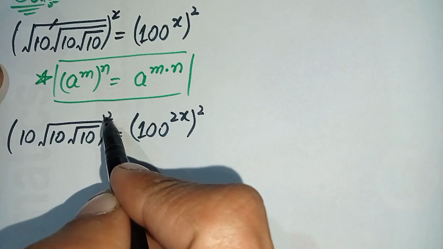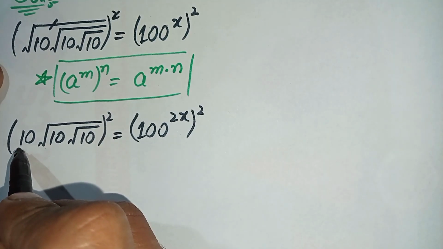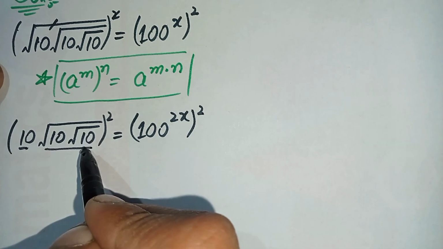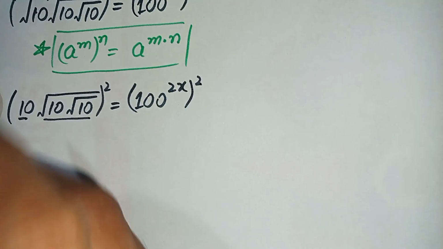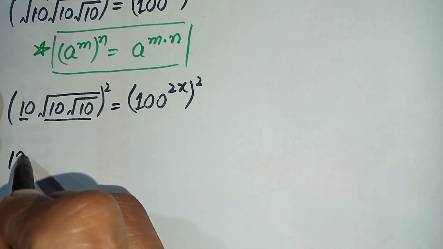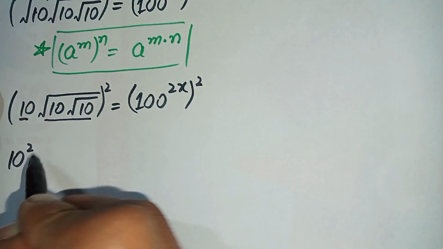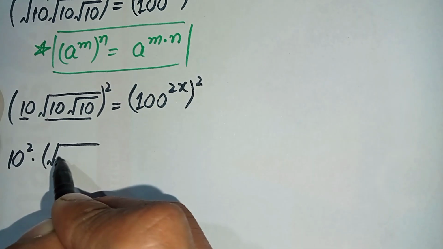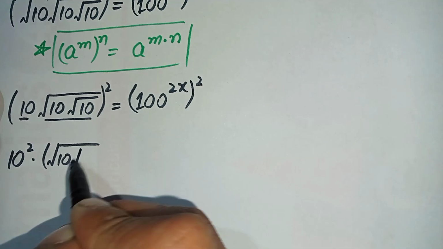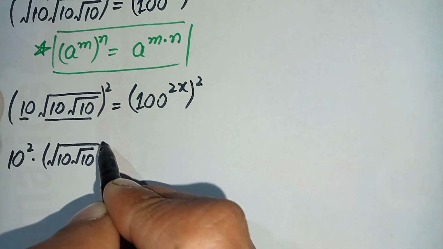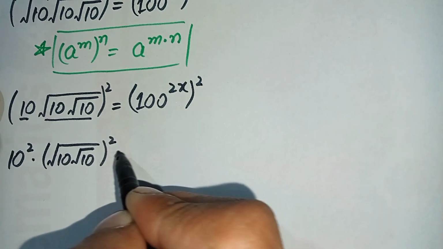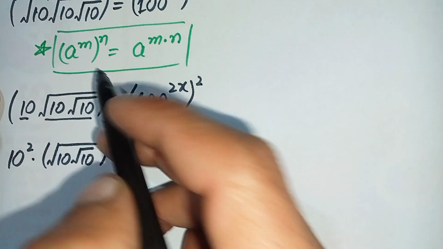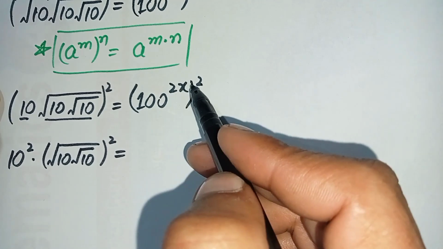So in the left hand side, this square will be applied on these two numbers, 10 and square root of 10 times square root of 10. So it will become 10 square times, and it will become square root of 10 times square root of 10 whole raised to power 2 is equal to, and here we will use this same exponential formula and we will multiply the powers with each other.